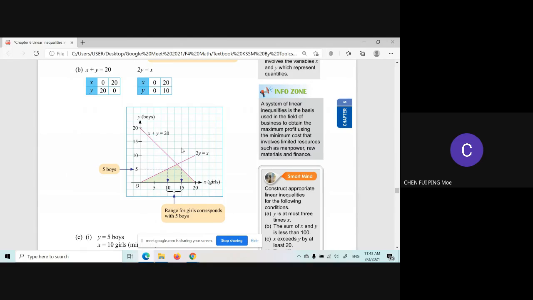My suggestion, next time in the exam, try to choose 3 points. The reason is that some students' rulers, I don't know why, are not that straight.